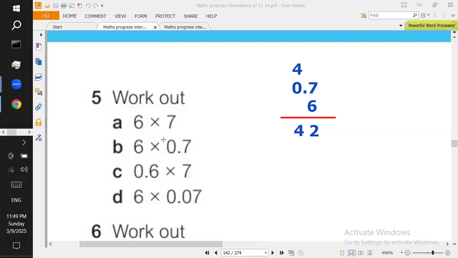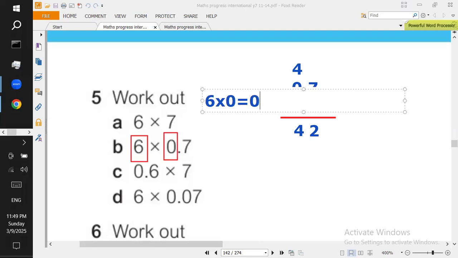Basically, you take the whole numbers, which are 0 and 6, and multiply them. 6 times 0 equals 0. 0 is one number. It means the decimal point should be after one number. So I put the decimal point after one number, and the final answer is 4.2.